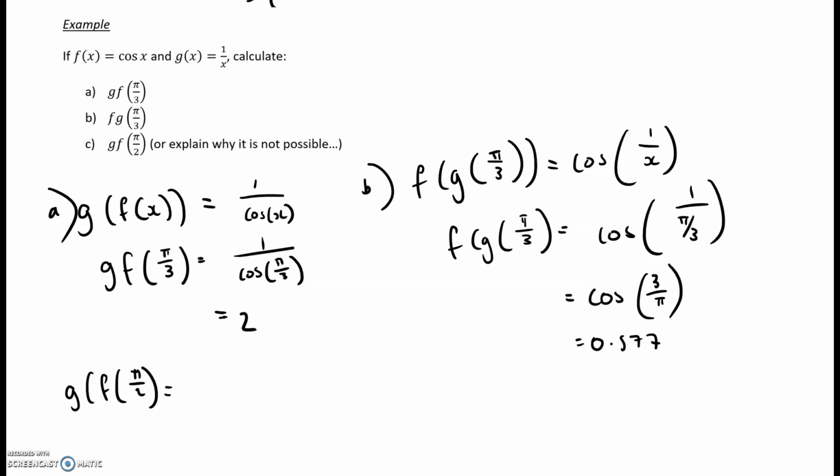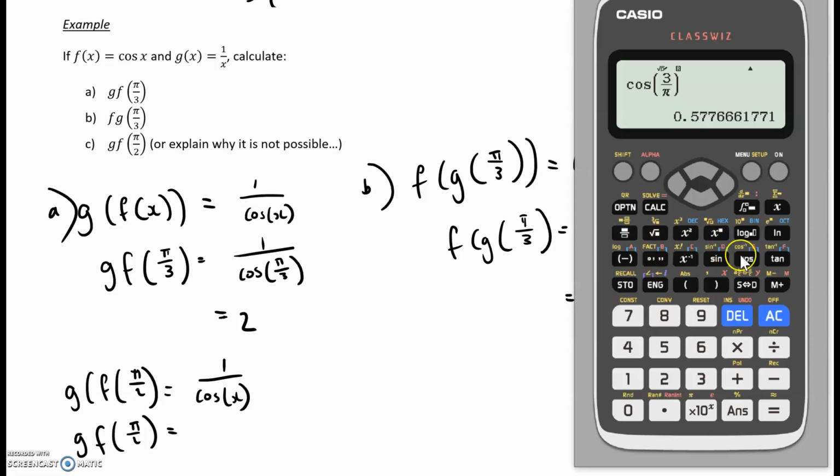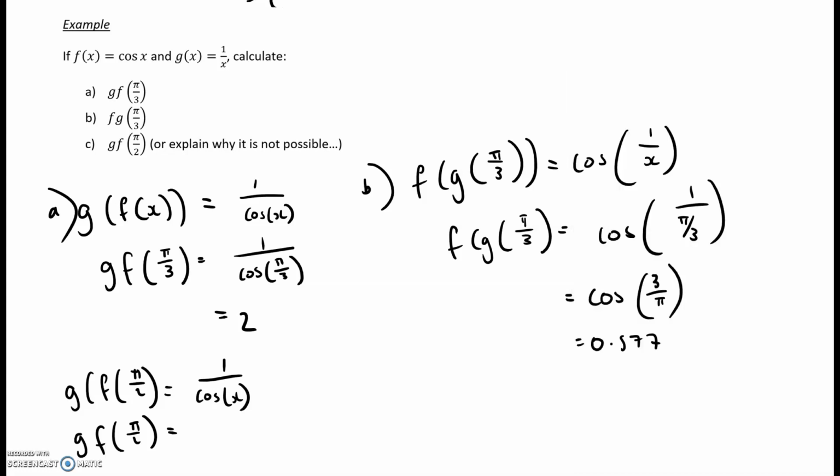So for this next bit, we have g of f of x. Now, we already worked out g of f of x was 1 over cos x. Okay, now I'm going to put in g of f of pi on 2. Now, if I work out what cos of pi on 2 is, you can see that gives you 0.